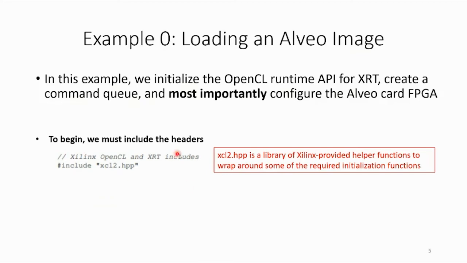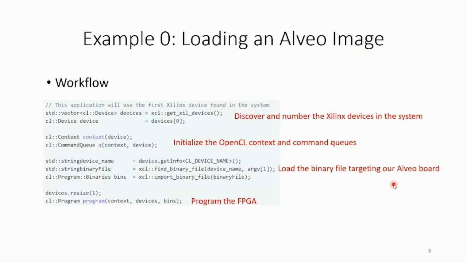I have to mention the list header file, which is a library that contains Xilinx helper functions and wraps some of the required initialization functions. This is the workflow showing how to initialize OpenCL and load to the FPGA.